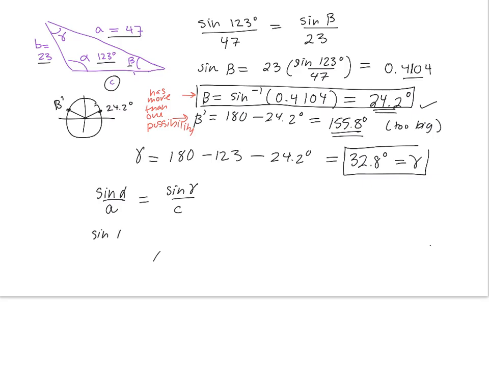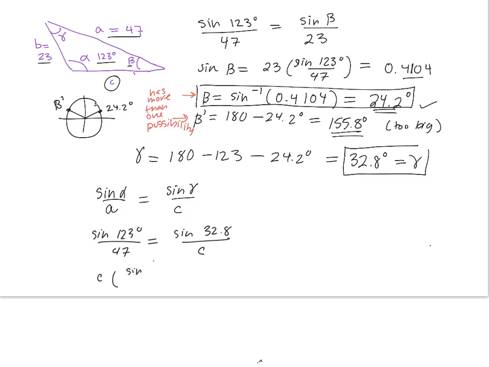So we'll have sine of 123 degrees over 47 equals sine of 32.8 over C. Okay. So that C's in the bottom. Does that make sense? So what I'm going to do is multiply the C over.